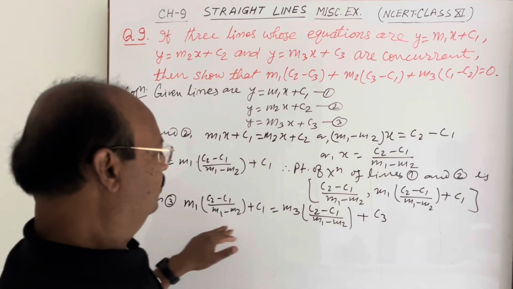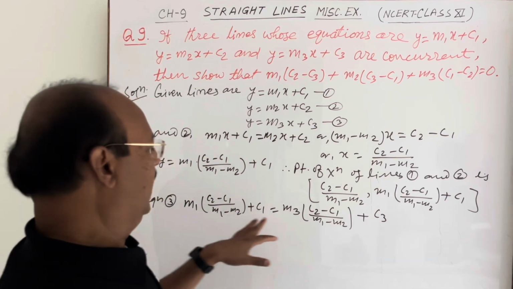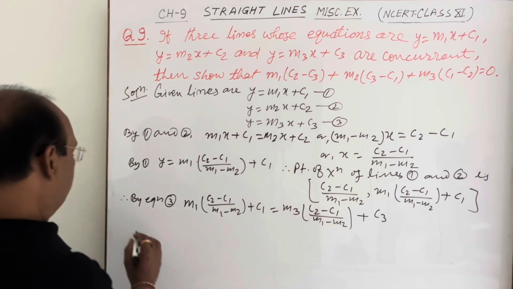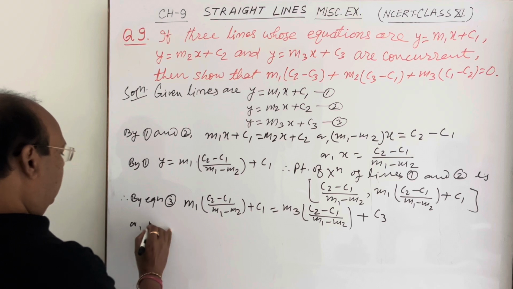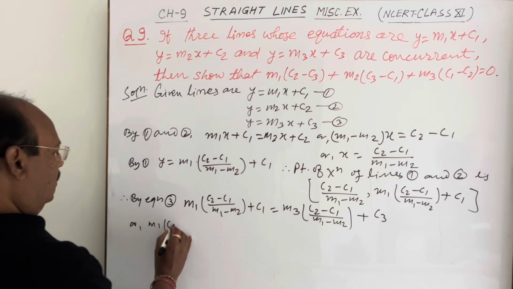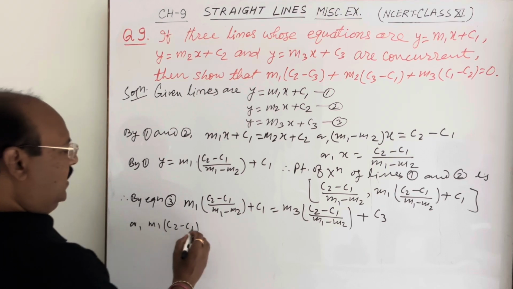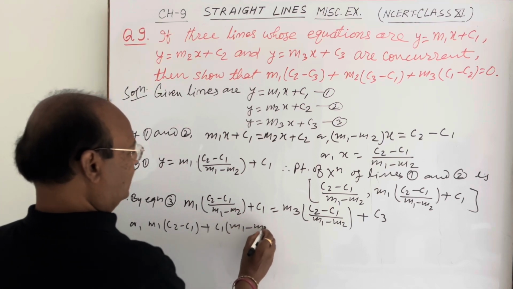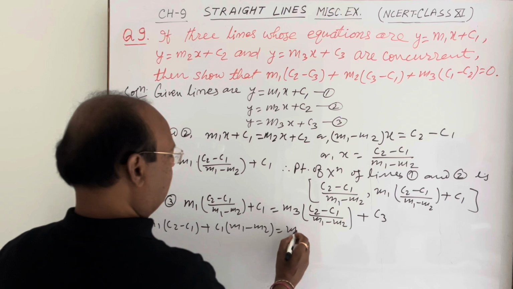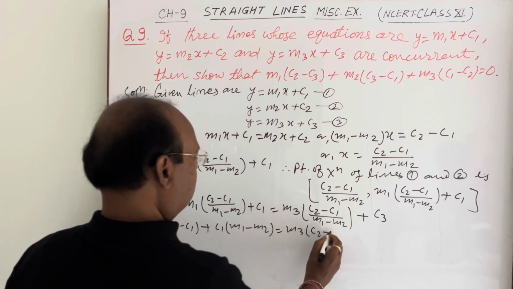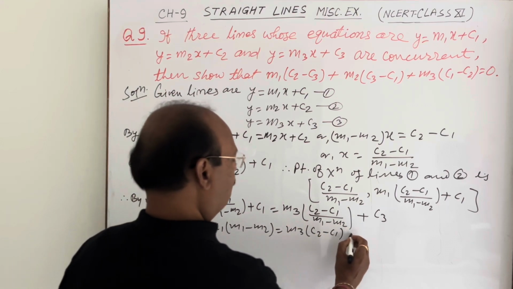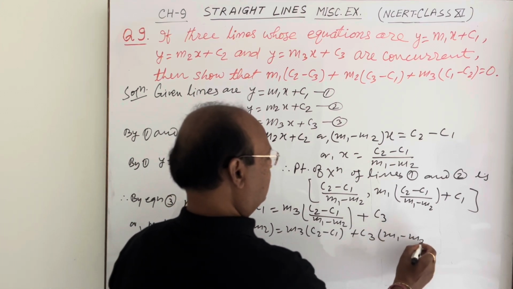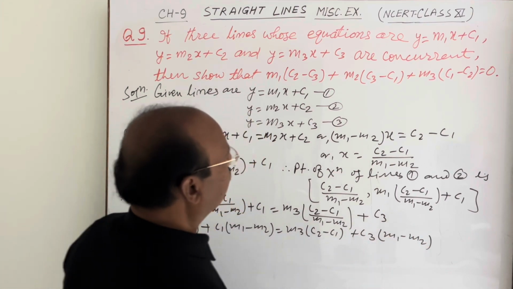Okay, now for simplifying it, multiplying both sides by (m1 - m2), we will get m1(c2 - c1) + c1(m1 - m2) = m3(c2 - c1) + c3(m1 - m2).